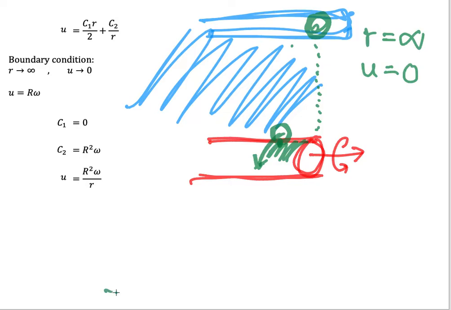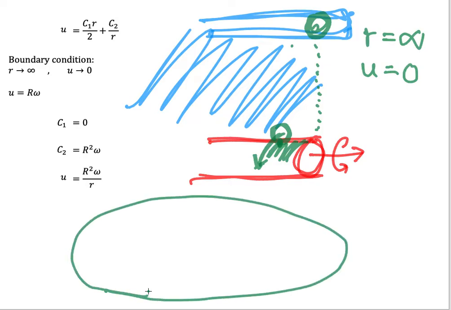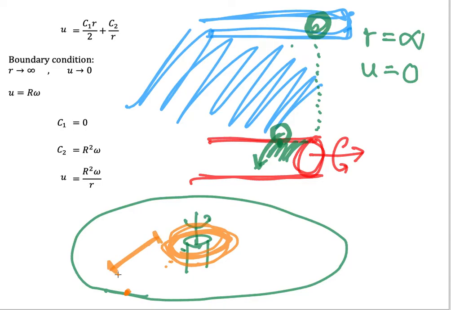For example, you have a very large pool and a very small cylinder rotating at a certain speed. You will find that the molecules near it are influenced by the rotation, but the velocity far away may be 0 because the distance is too big, and the rotation is not influenced at this point.